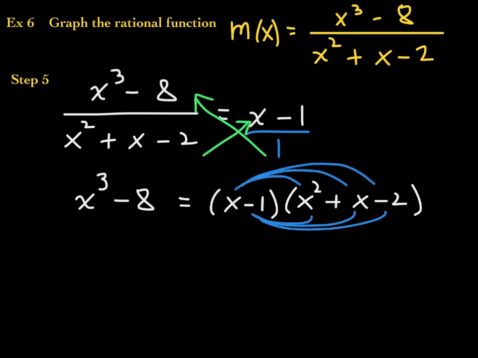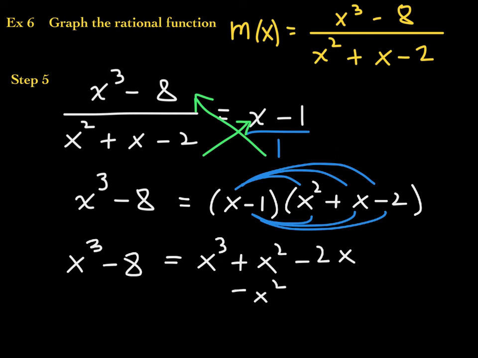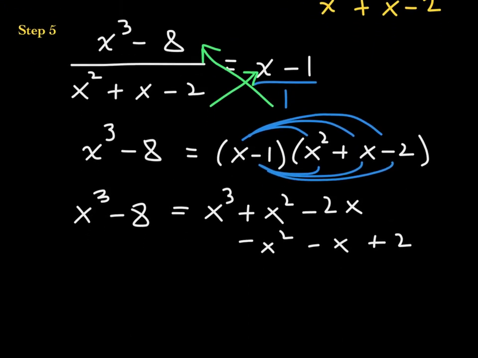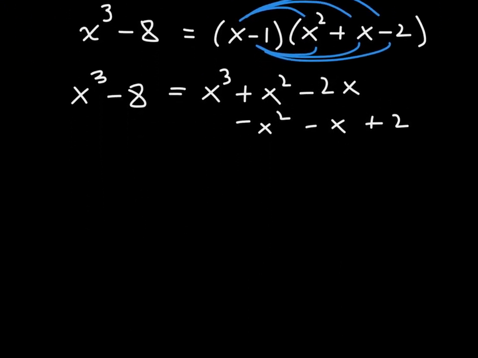So the left-hand side is just x cubed minus 8. The right-hand side is x cubed plus x squared minus 2x. That's what I got from distributing x. Now when I distribute a negative 1, I get negative x squared, negative x plus 2.